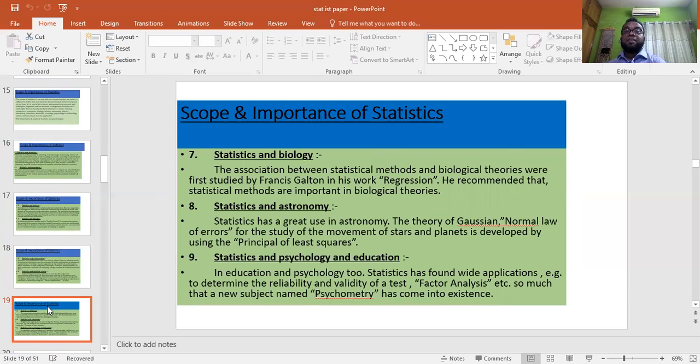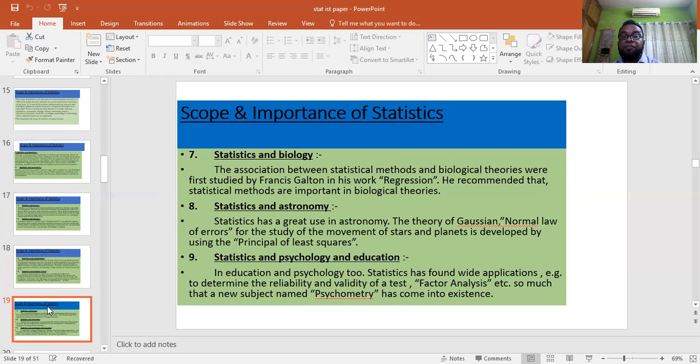Now, statistics and biology. The association between statistical methods and biological theories was first studied by Francis Galton in his work, regression. He recommended that statistical methods are important in biological theories. Statistics and astronomy.